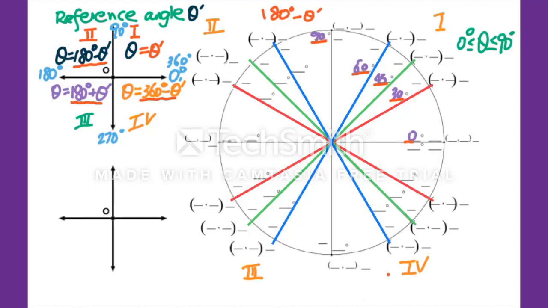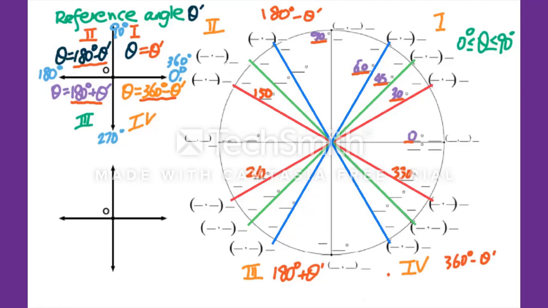For the third quadrant, we know that's 180 plus the reference angle, meaning 180 plus 30 degree, that's 210 degree. For the fourth quadrant, we use 360 degree minus the reference angle. 360 minus 30, you will get 330 degree.